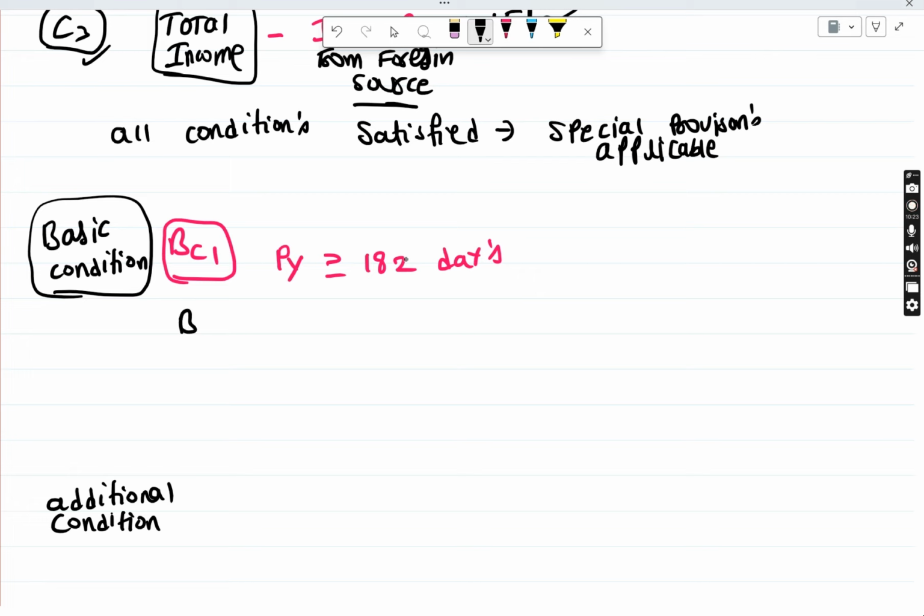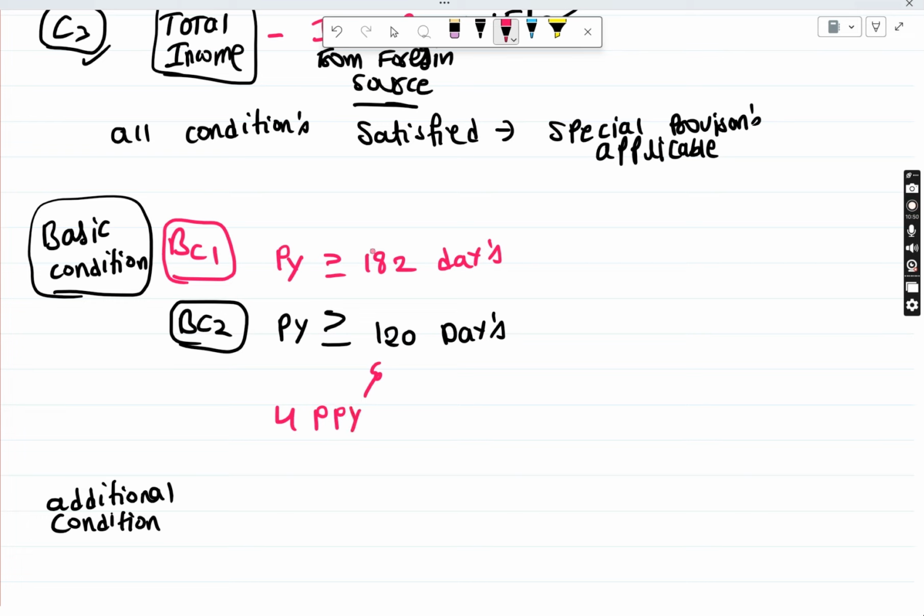Then basic condition 2. In the previous year, he should stay more than or equal to 120 days and in 4 preceding previous years, if you want you can write it separately.